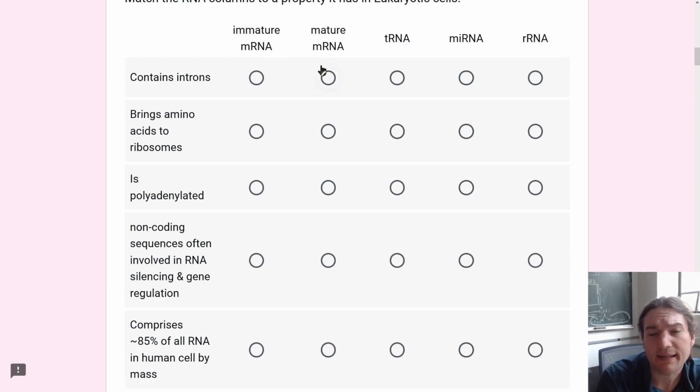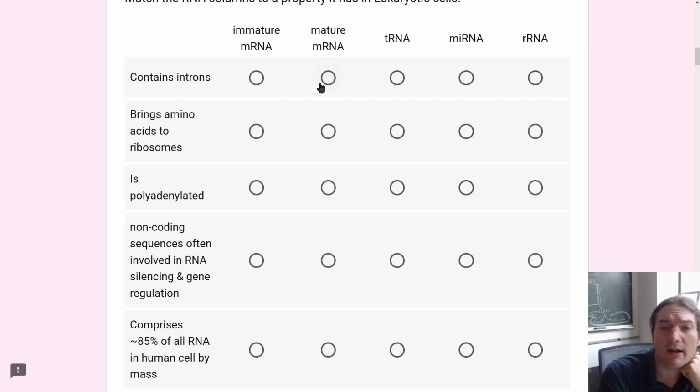Mature mRNA isn't notably going to contain introns, although sometimes from random processes an intron might slip through, or a section of RNA may only sometimes be an intron and sometimes be an exon. It's all chemistry, so it's a little bit random at times.